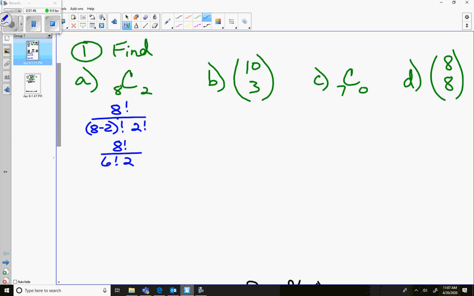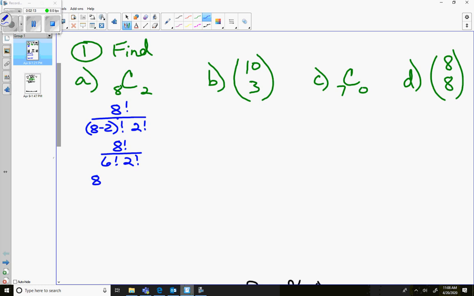Just to be real clear, understand here the 6 factorial and 2 factorial: 6 plus 2 gives us the 8 that's on top. It's going to work out that way. N minus r factorial and r factorial are going to give us that n if we're adding them together.